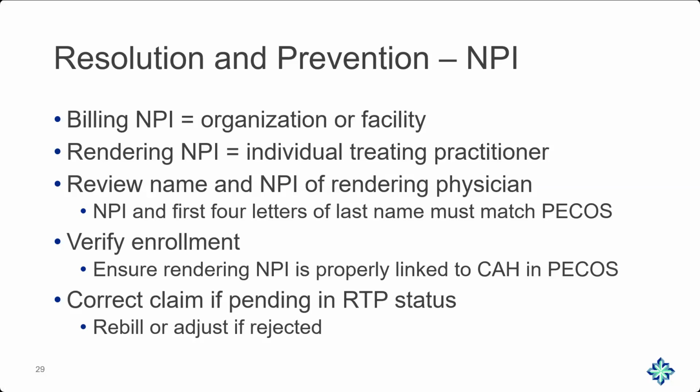Most of the claims that I saw in the data report were RTP'd, so they were returned to the provider. So you could go into DDE and correct those so that they continue processing. If they have rejected, you can either adjust them or rebuild them, depending on whether or not they posted to Common Working File. There's no way that I would know that since I'm not a provider.